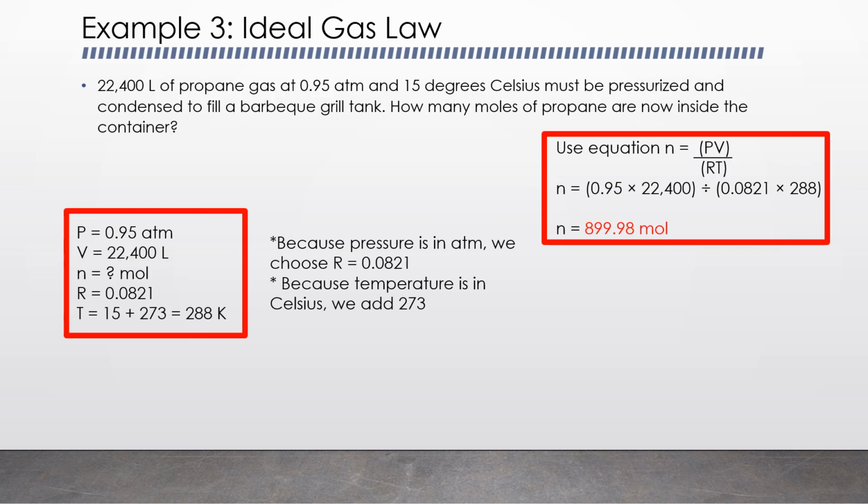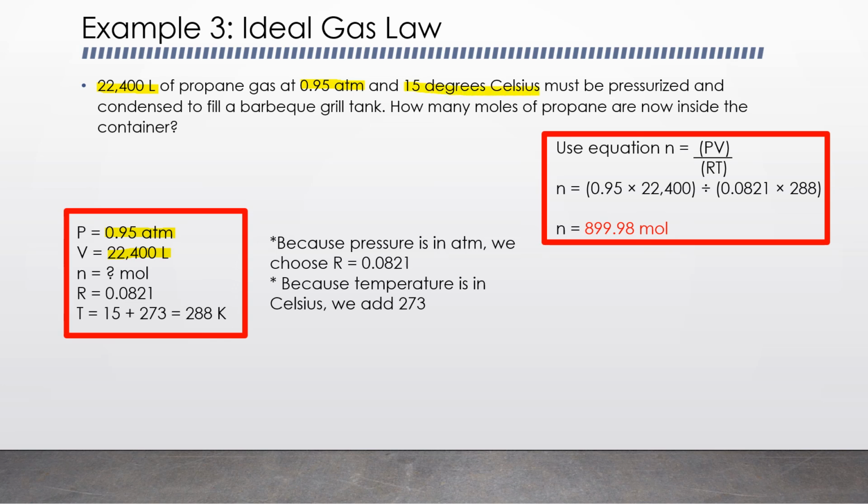Now our third example and our last example, we start with 22,400 liters of propane gas, so that's our volume right here. It says the gas is at 0.95 atm. Well, by this point, you should know that atm is a pressure. Okay, so that's going to be labeled right there. We have 15 degrees Celsius.